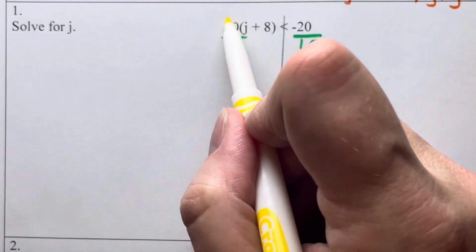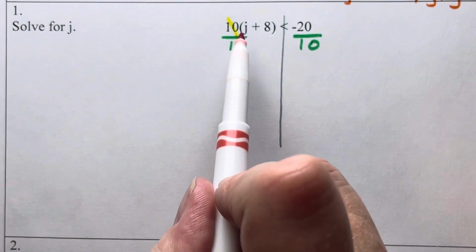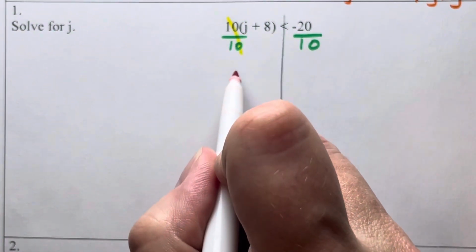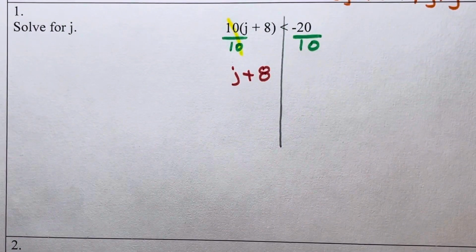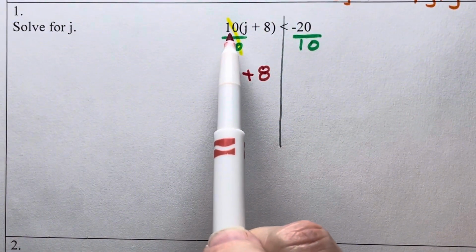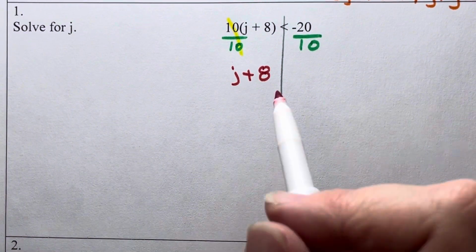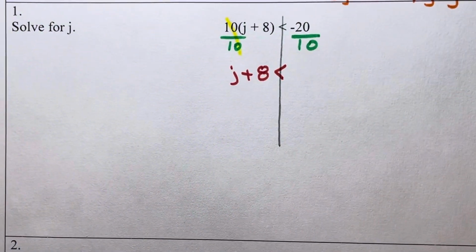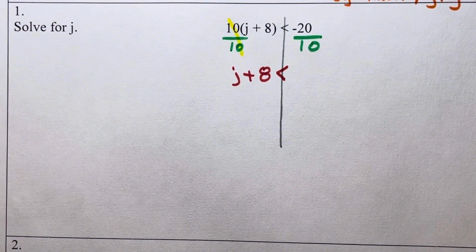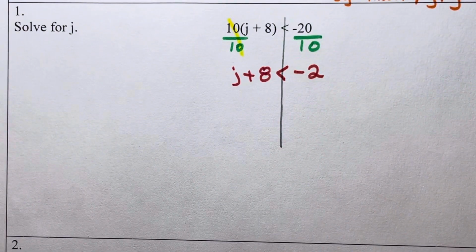The purpose of that was to get rid of the 10s, leaving us with just the j plus 8 on the left side of our inequality. And since we don't have a coefficient anymore, you don't need to have parentheses around the j plus 8. So that is less than negative 20 divided by positive 10, which makes a quotient of negative 2.